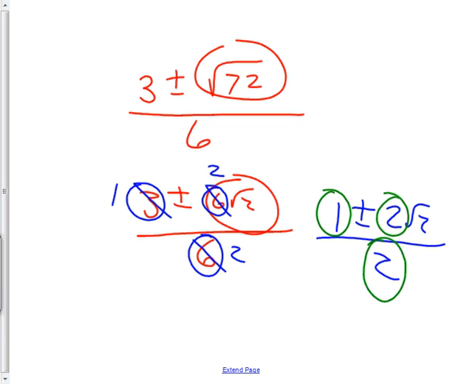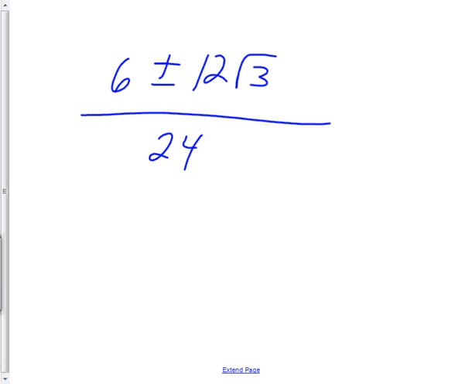All right. So, try simplifying that one for me. The 6 and the 12 and the 24 all have a 6 in common.